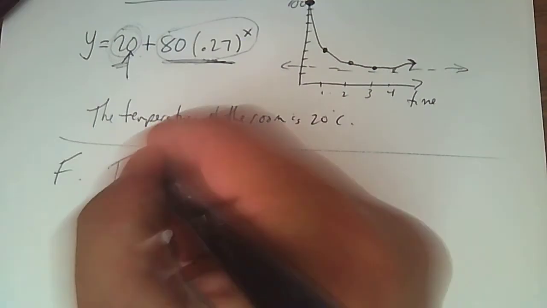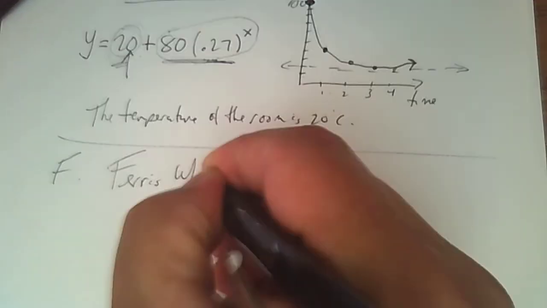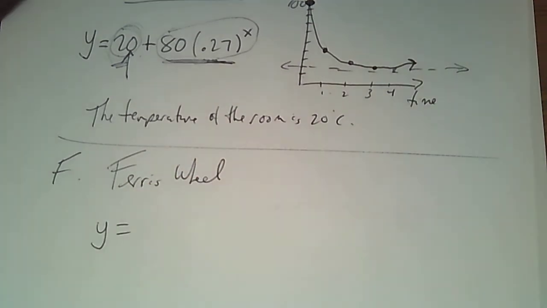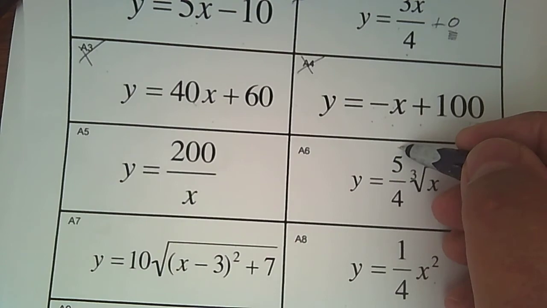So let's write this down. This is the Ferris wheel question. And what's going to match it is the equation that's a trig wave. So if I go to the equation sheet, which one is the trig equation on that sheet? Make sure I cross out the ones I've already used. So there's 4 I've already used.